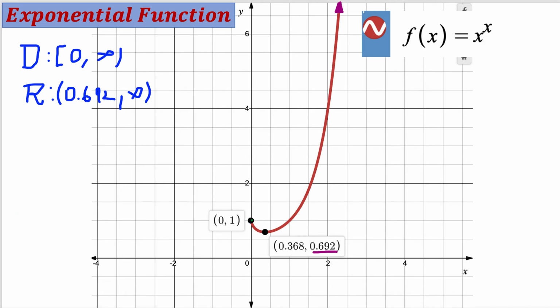And now, if you're looking for the asymptote, does the function have an asymptote? To find out, the asymptote is equal to the limit as x goes to infinity of the function x to the exponent x.